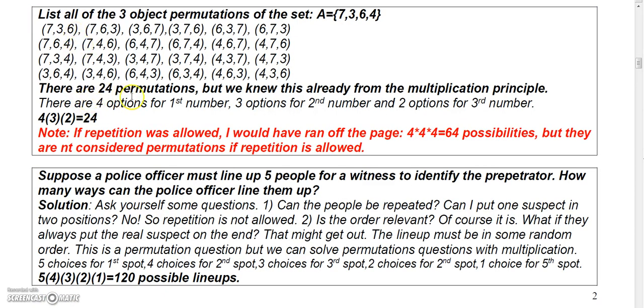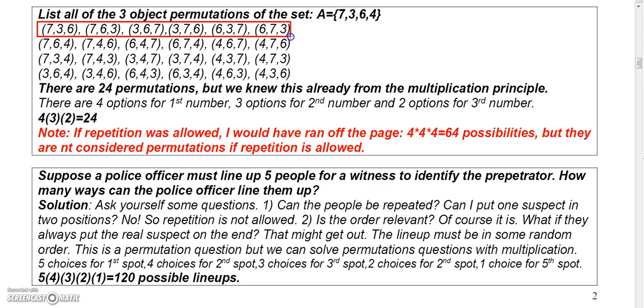Okay, let me continue explaining permutations to give you a feel. Let's list all of the 3-object permutations from the set 7, 3, 6, 4. If you look at this first row, I started with 7, 3, 6, and then wrote all of the other ways that you can arrange 7, 3, 6.